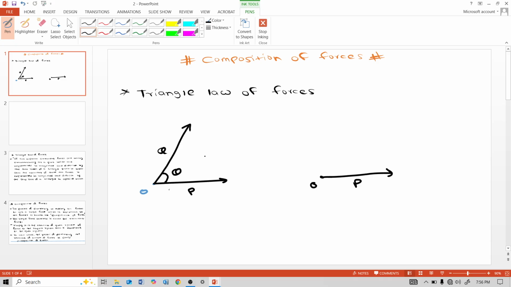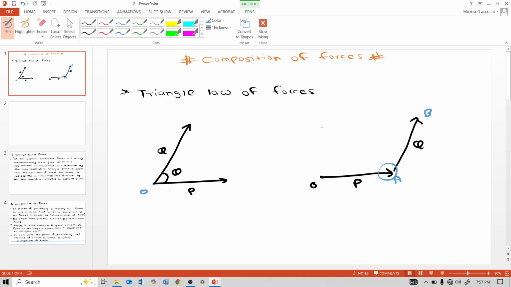So move this Q force to head of this P force like that. So let us assume here this point as A and this point as B. So see, this P force OA and this Q force AB.